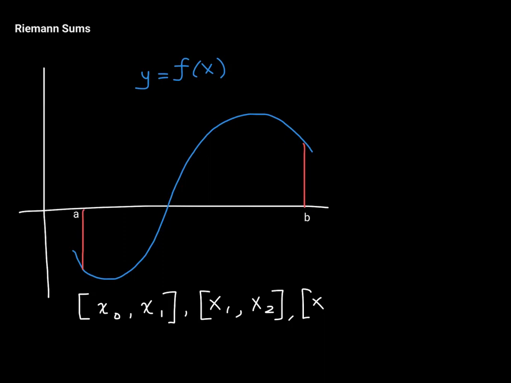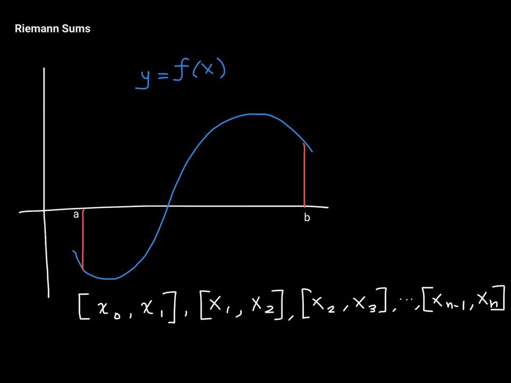Let me clean this up a little bit here, just make sure it's really legible for you. Etc. until we get to x sub n minus 1, comma, x sub n. That would be the last subinterval where x sub n is equal to b.